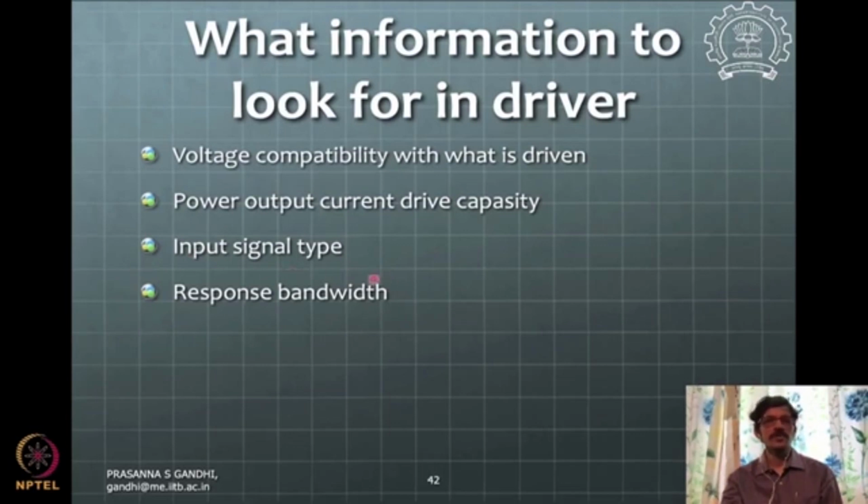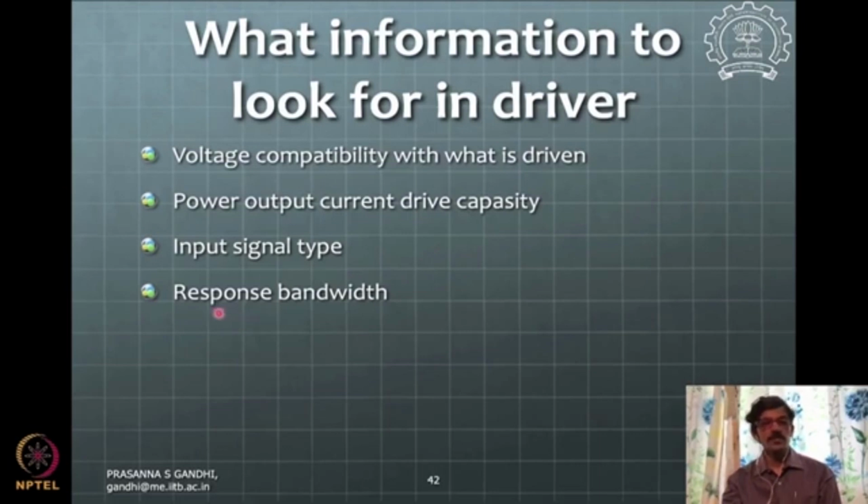In many places this will not be a problem. But especially when we go for MEMS based applications, then the response can be a problem, because electronic things respond much faster. Electrical signals are much faster responding than mechanical motions. So response bandwidths will be satisfied, they will be pretty fast for the electrical domain.